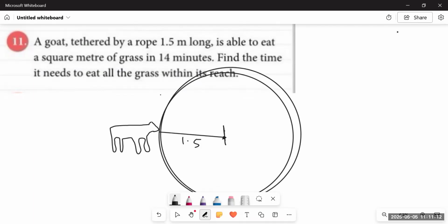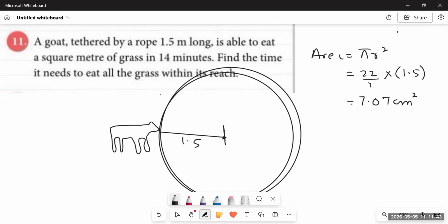So the area of a circle equals pi r square, that is 22 upon 7 multiplied by 1.5 square. The square of 1.5 equals 2.25. Then we will multiply it by 22 and divide it by 7. So the answer would be 7.07, right? This would be the area of the whole grass that she can graze in, right?